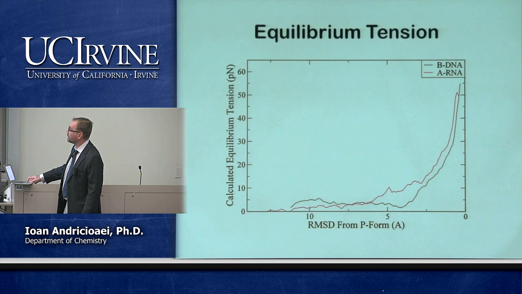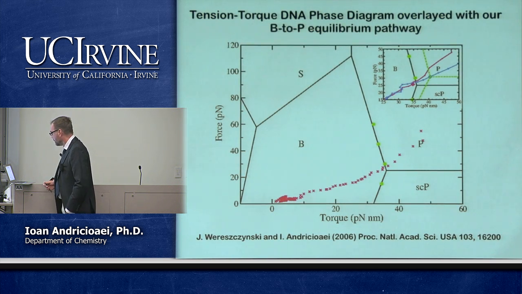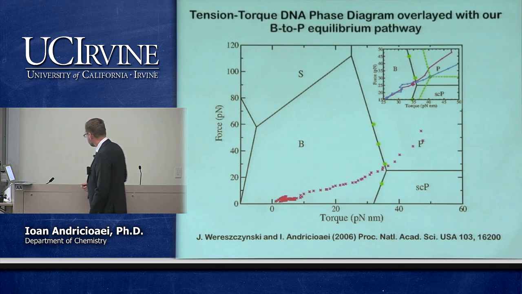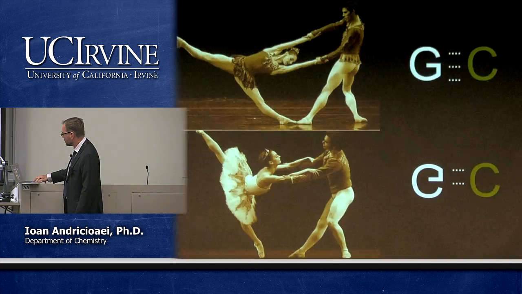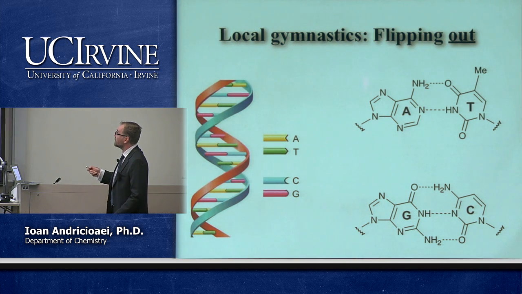So that was a study on the flip out of DNA bases. But what happens to DNA when you flip it out? As I said, A is binding with T, and they're binding through these hydrogen bonds.